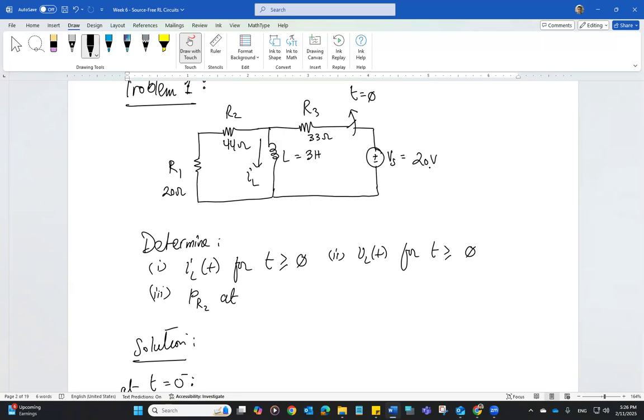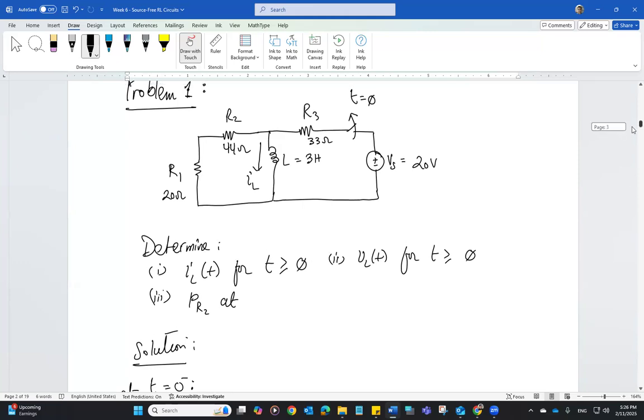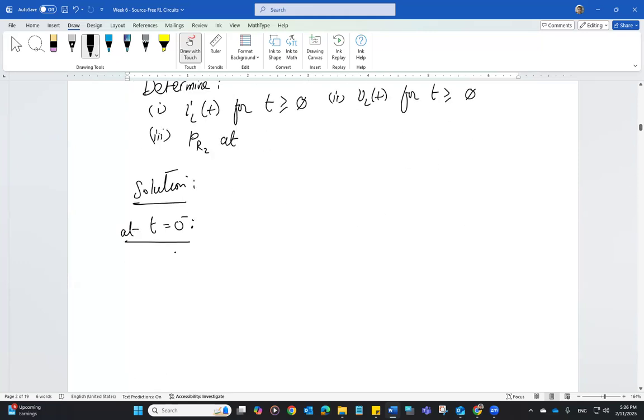And all the current supplied by the 20 volt source is going through R3 and the inductor. So it's very easy to find the initial value of the current using Ohm's law. It's simply Vs over R3. I naught will be Vs over R3.